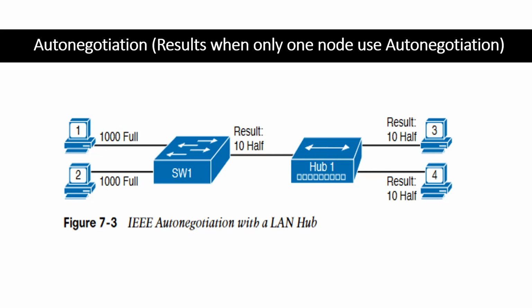Devices connected to the hub are going to use the IEEE rules for choosing the default settings, which often default to 10 megabits per second and half duplex, since the hub is a half duplex device running at 10 megabits per second. So what happens when that hub is plugged into the switch?